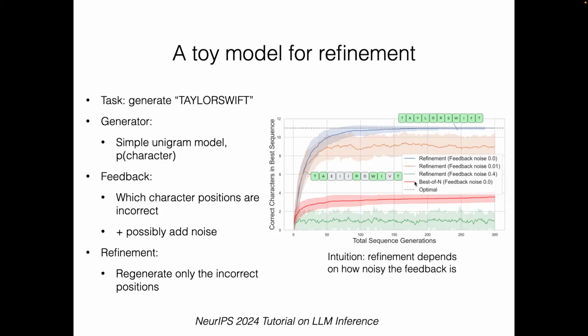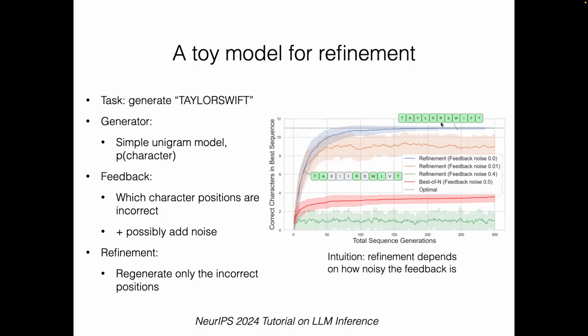So if you have this kind of perfect knowledge of which characters are incorrect, and you only refine the relevant things, which is what I was saying before, then you can get basically perfect performance and have a model that eventually generates the output.